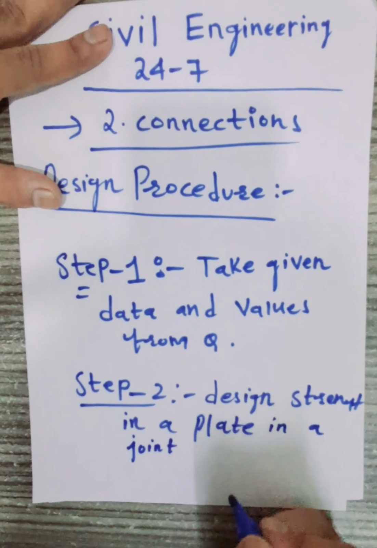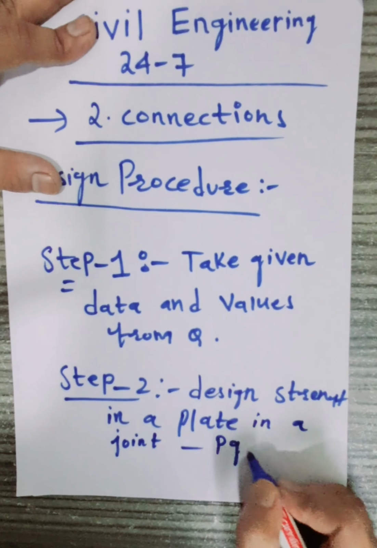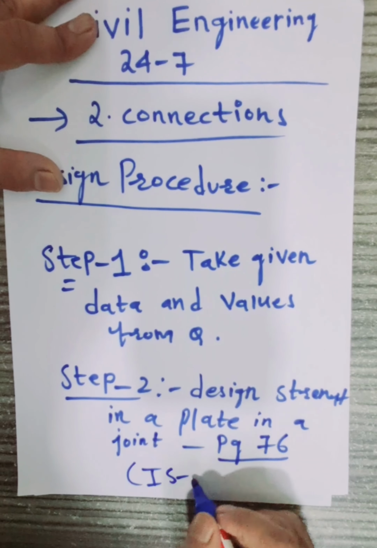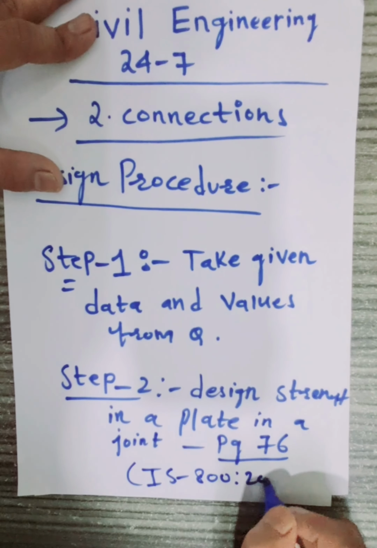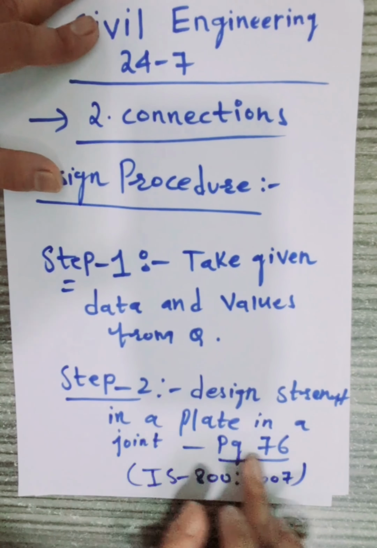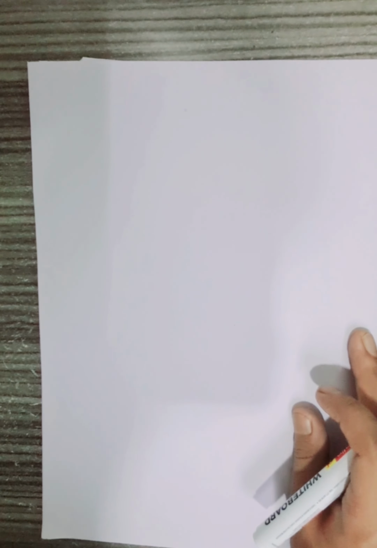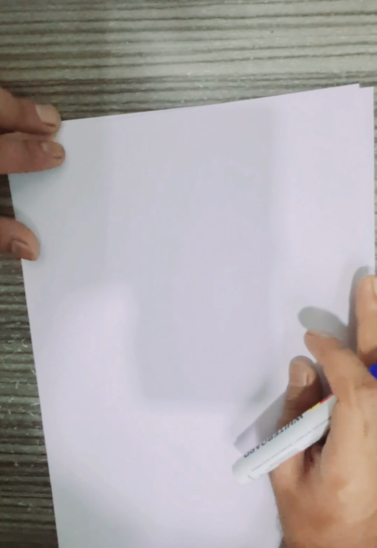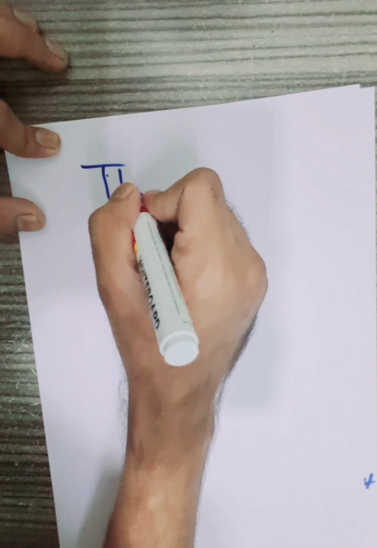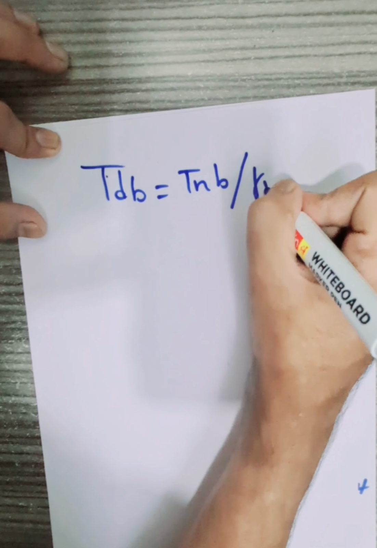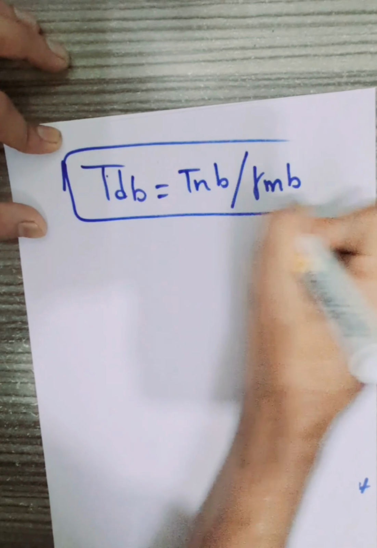From page number 76 of your IS 800:2007, you will find the formula for design strength in a plate in a joint. So the formula would be TDB is equal to TNB divided by gamma MB.